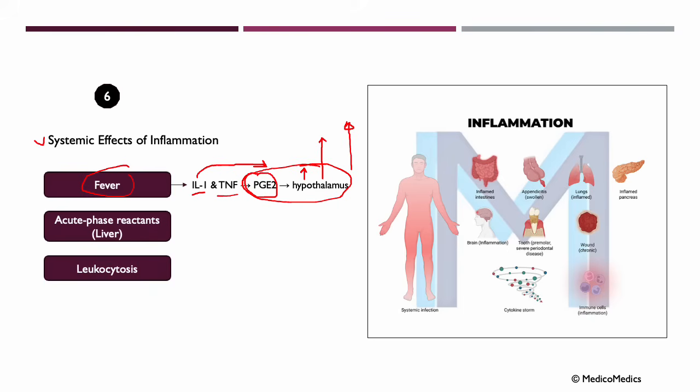Now, the clinical relevance here is fever is often the first systemic sign of infection or inflammation, and it plays a protective role by inhibiting microbial growth and enhancing immune function. But, of course, it can also signal serious conditions like sepsis or autoimmune flares or malignancy, etc. Here we would use antipyretics, for example NSAIDs, so non-steroidal anti-inflammatory drugs.